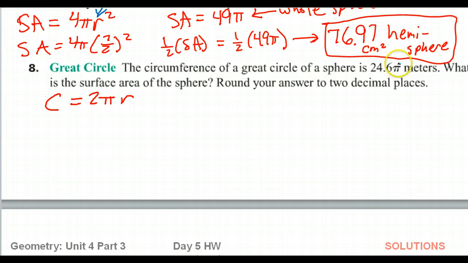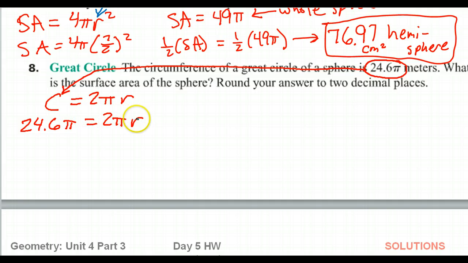Okay, so once again, this is a situation where they're giving us the circumference. So if they give you something, write the formula and substitute it in. So this will become 24.6 pi is equal to 2 pi radius. Okay, so let's see what we can do with this. We will find r by dividing both sides by 2 pi.